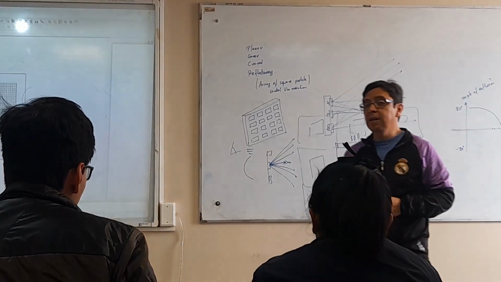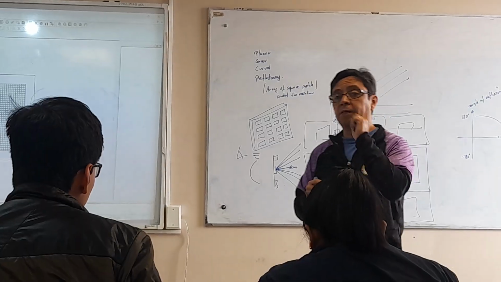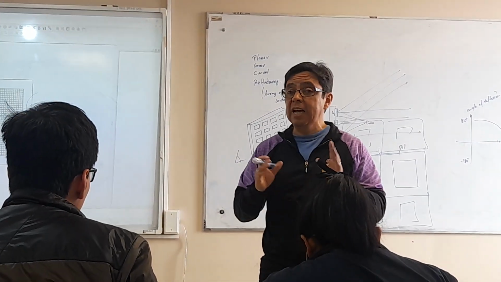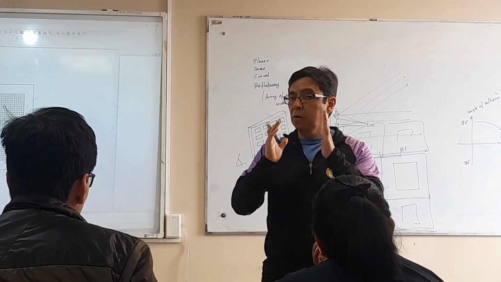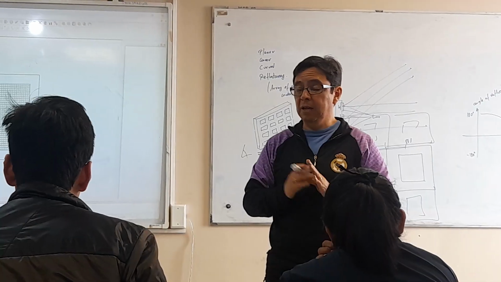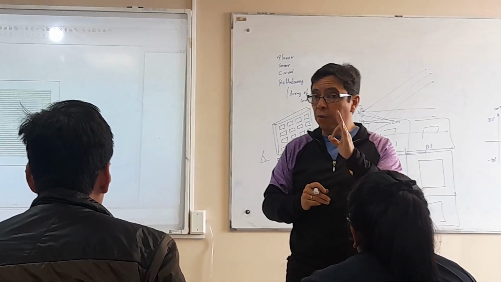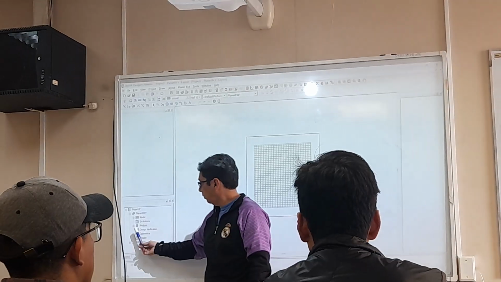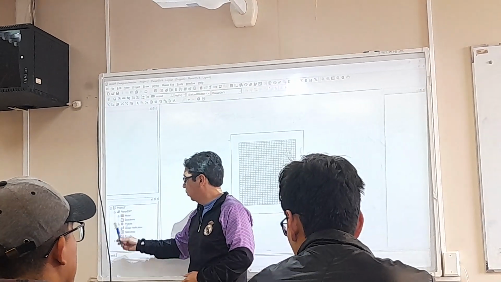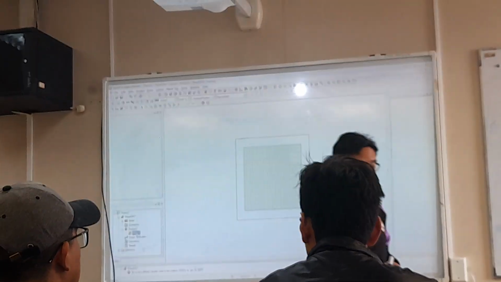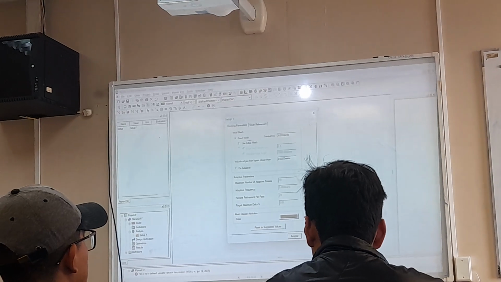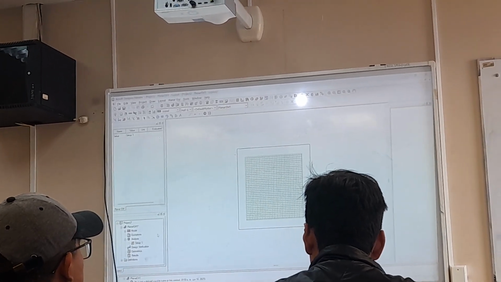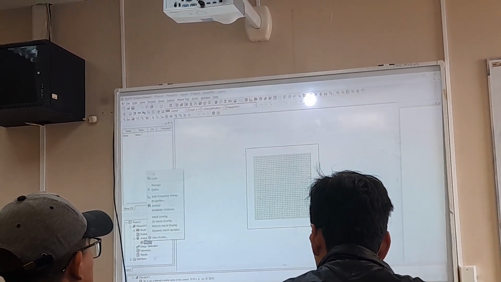Then now we need to define only one frequency, because the antenna will work only for one central frequency. In this case, we design this for 3 GHz. Then here in the analysis we put 3 GHz, and in the sweep we define only one frequency, 3 GHz.